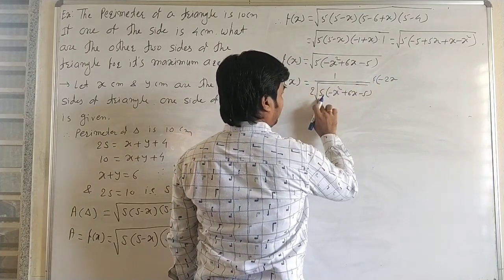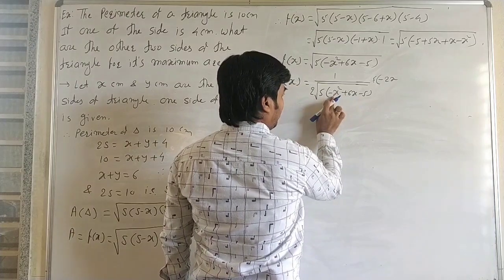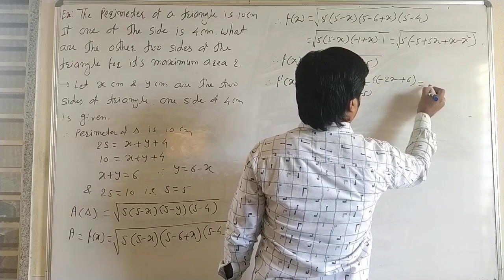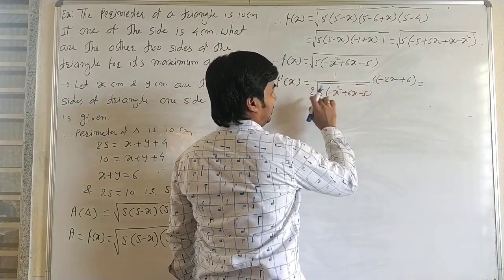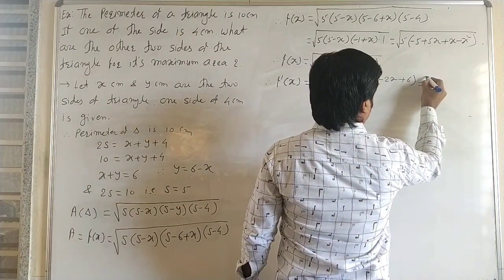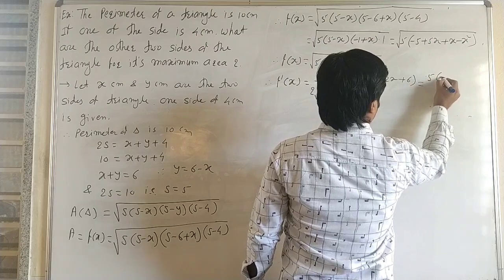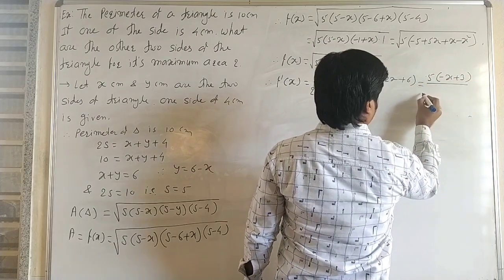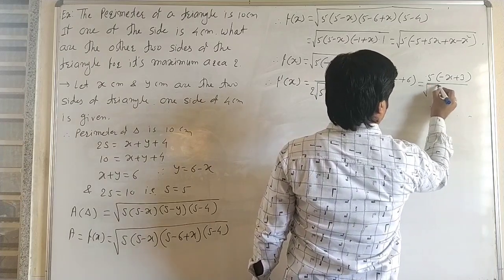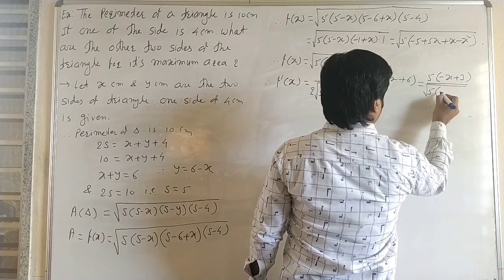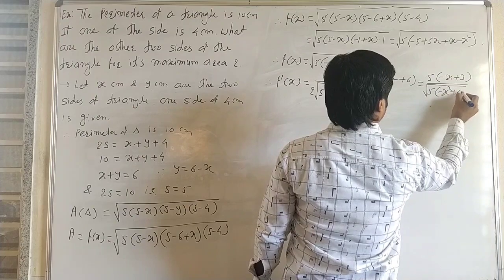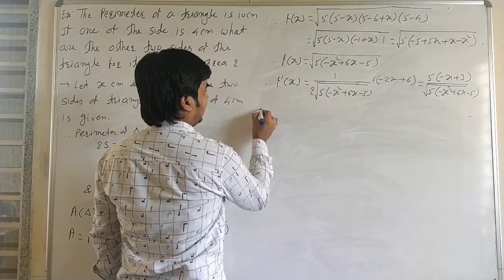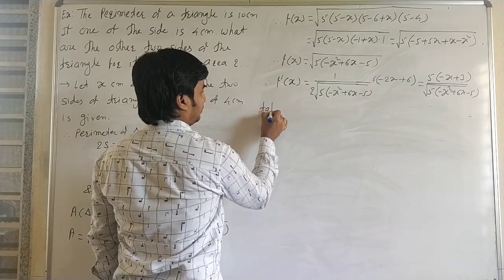Okay, 5 into the derivative of the whole term, minus 2x plus 6, and therefore cancel the common 2, therefore 5 into minus x plus 3 upon under root of 5 into minus x square plus 6x minus 5. Okay, it is f dash of x. Then take f dash of x is equal to 0.